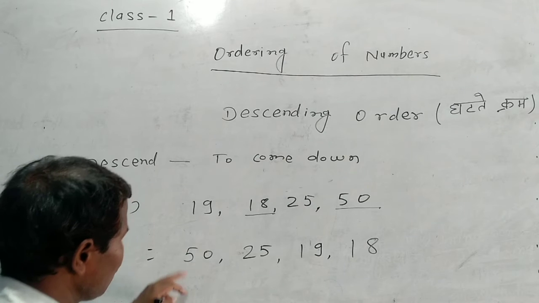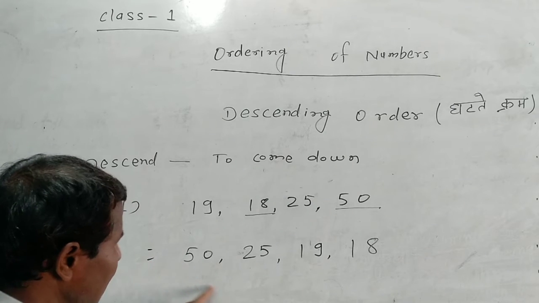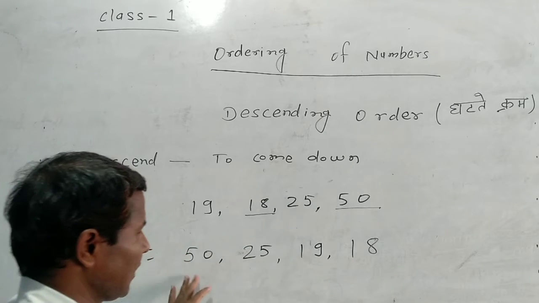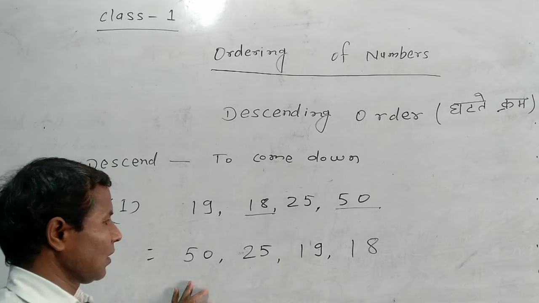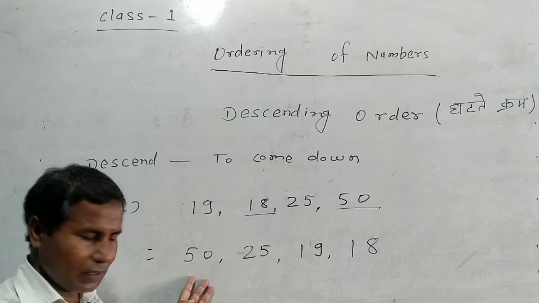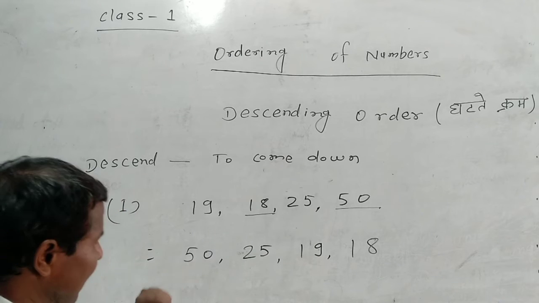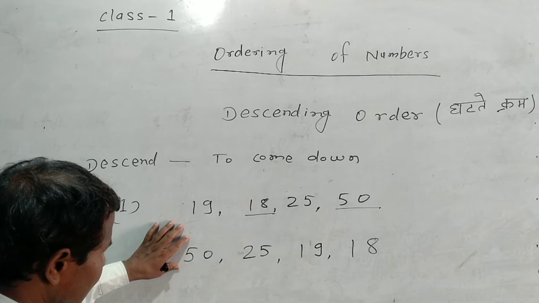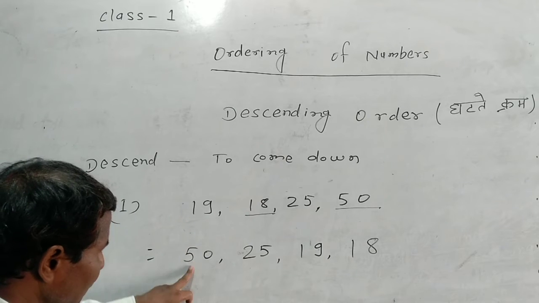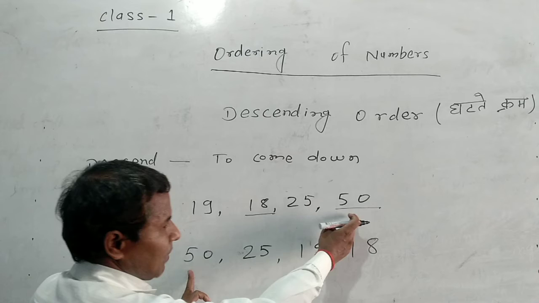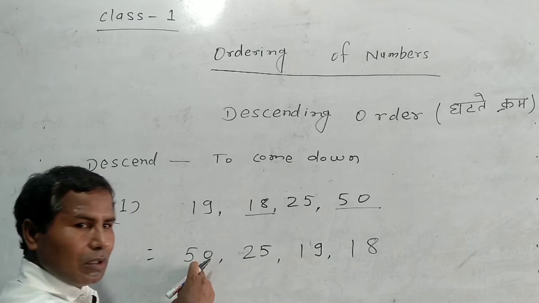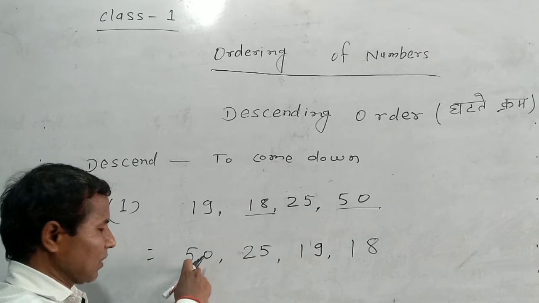Now these numbers are arranged in descending order. Look carefully. You are looking here. At first we put the greatest number. Here the greatest number is 50. So first of all we put here 50.